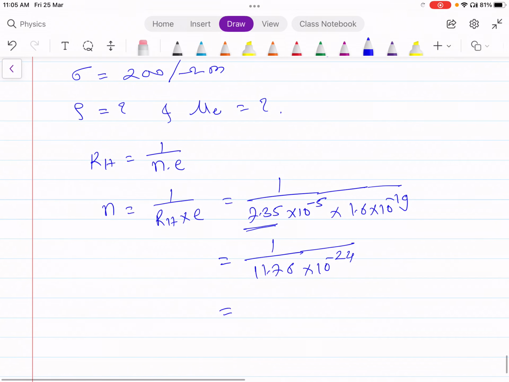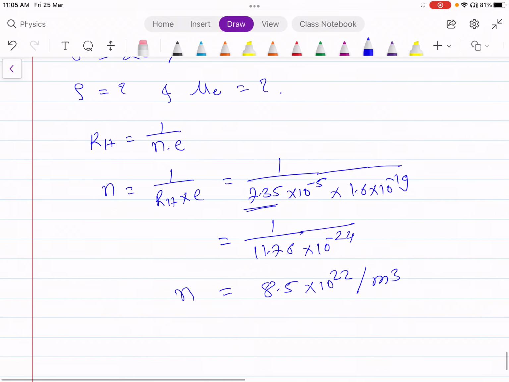If you simplify it further, you get 8.5 into 10 raised to 22 per meter cube. So number of electrons in the n-type semiconductor is 8.5 into 10 to power 22 per meter cube.